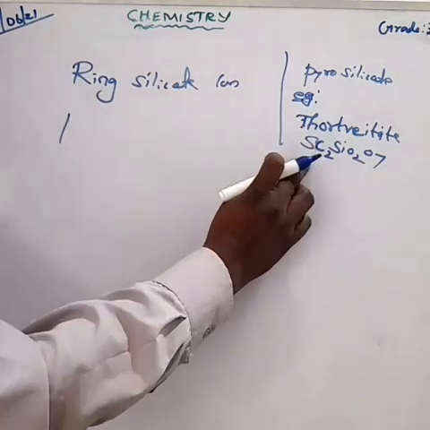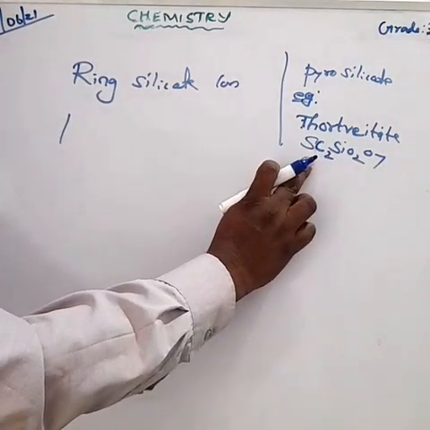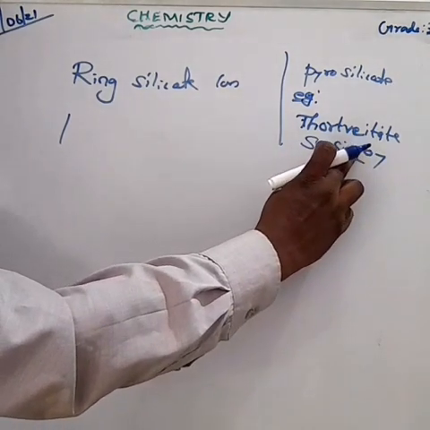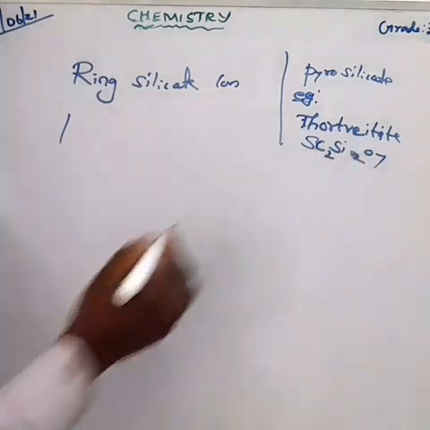Sc means scandium. Here we have scandium, silicon, and also 7 oxygen. So try to learn this.